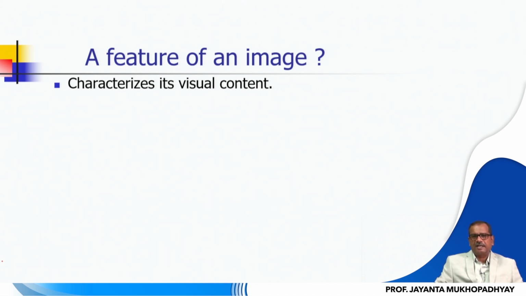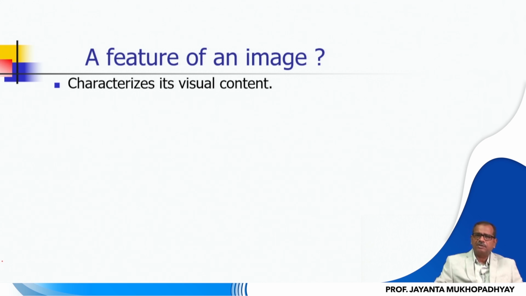If I draw the analogy, our eye is acting like a camera here, and the retina is the image plane where that projection is taking place. But this whole arrangement of an image is a very low level arrangement, where you have the brightness variations over a two-dimensional space. That cannot be used readily for information processing; it is not suitable for information processing directly.